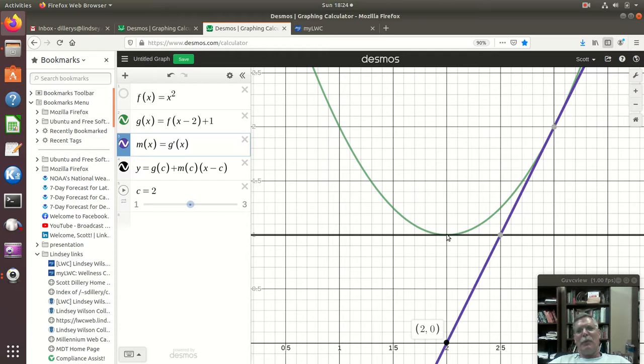And of course, 2 is where that minimum occurs here. And so by knowing where this function, m of x, is equal to 0, I can tell you something about this function and where it reaches, say, a minimum or possibly a maximum, something like that.